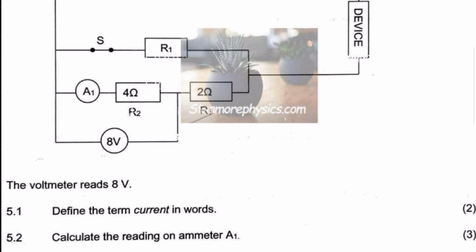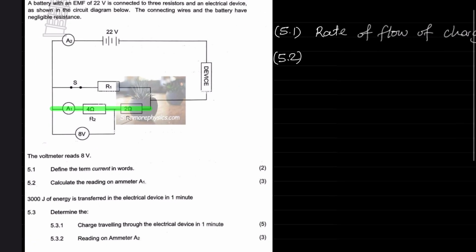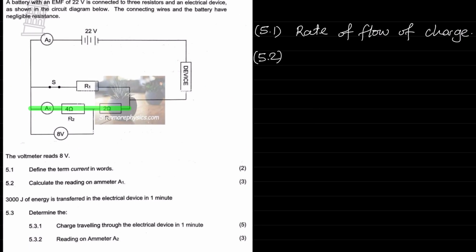So ammeter A1 is reading the current in this branch right here. To calculate the reading, we can use the equation from Ohm's law. The equation says that R equals V over I. Now to work out the current reading, we can substitute a resistance value and a corresponding potential difference or voltage value.